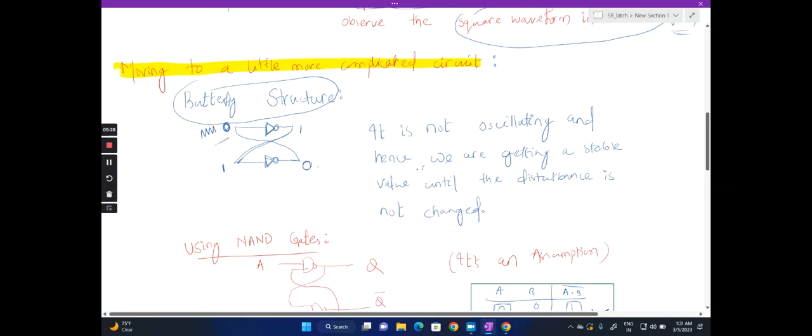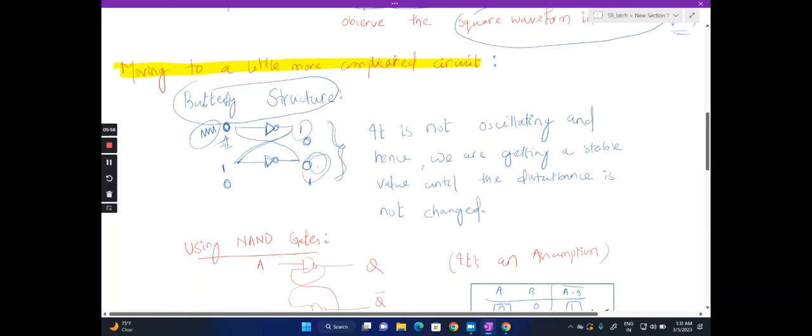This is not oscillating. The values of 1 and 0 do not oscillate until the noise changes. If the noise changes to the updated value 1, then we will get 0 here, and this 0 will be transmitted here, as these are short circuited, and we will get 1 here. So until the noise changes, we get the same value at the output.